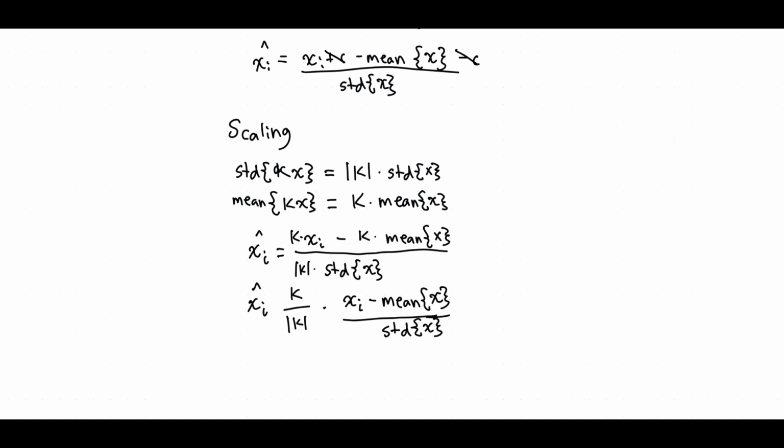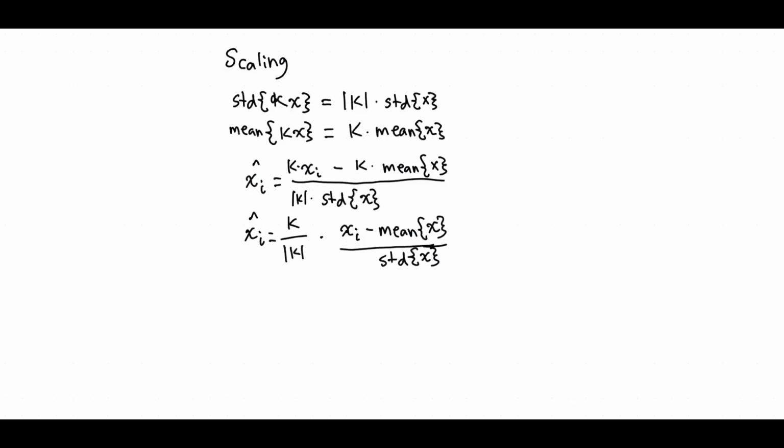What we can notice is this was our original x sub i hat, all on the right. Let's see if I can highlight that in another color. So this all was our original x sub i hat that we would have expected without any scaling. And we can see all that's left over is actually just the k over the absolute value of k. So let's take a look at what that does.